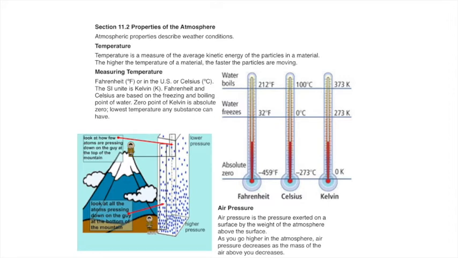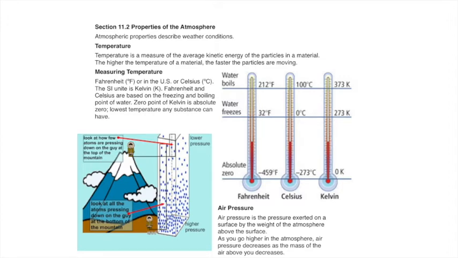Kelvin is one of the metric thermometers that go all the way down to where molecules stop moving. That's called zero. So you can't go under zero in Kelvin. You could have less than zero in Celsius or Fahrenheit, but zero in Kelvin is absolute zero, where there are no molecules bumping or jittering at all.